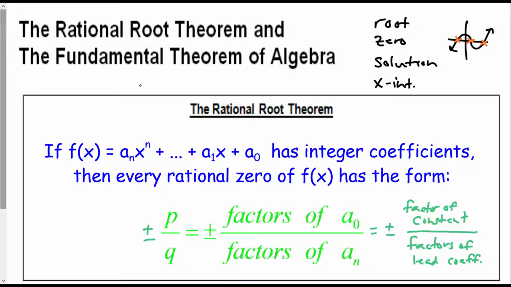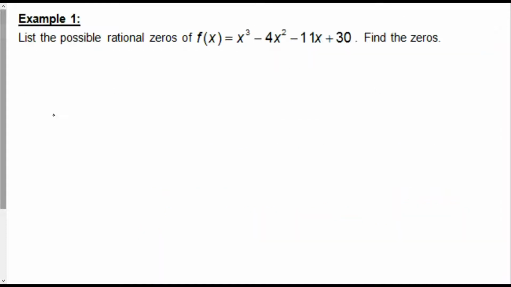A cubic function has a degree of 3. It could have up to 3 solutions. Okay, a 10th degree polynomial could have up to 10 solutions. Remembering that solutions are the same thing as roots, zeros, or x-intercepts. All right, so let's go see this puppy in action.